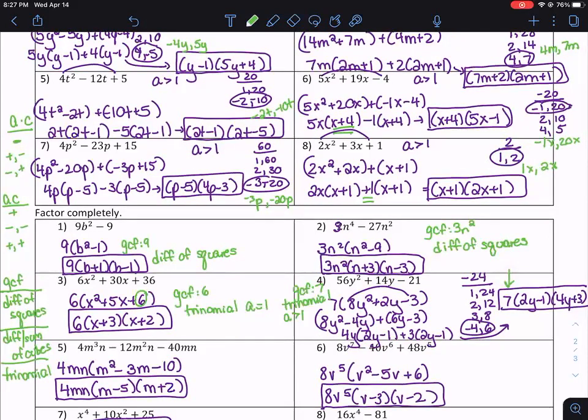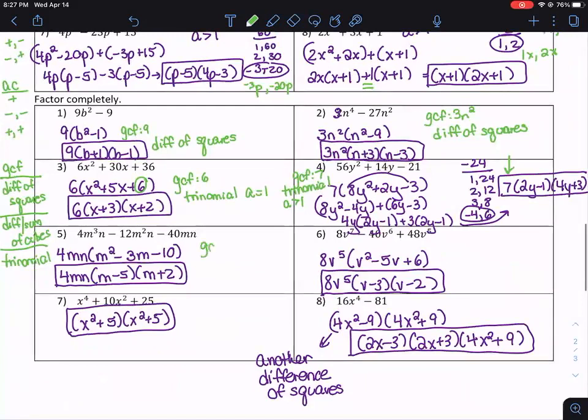Okay, last 4. There was a GCF of 4mn in this first problem. And then it was a trinomial where a was equal to 1. So we would look for 2 factors of negative 10 that add to negative 3, and that's negative 5 and positive 2. Number 6 had a lot of GCF, as you can see, of 8v to the 5th.